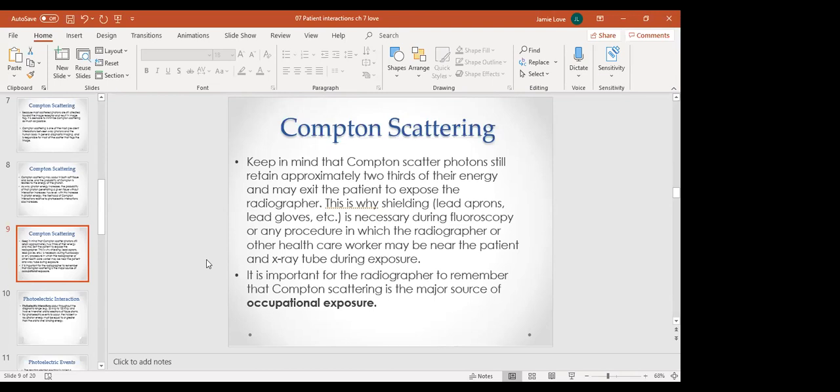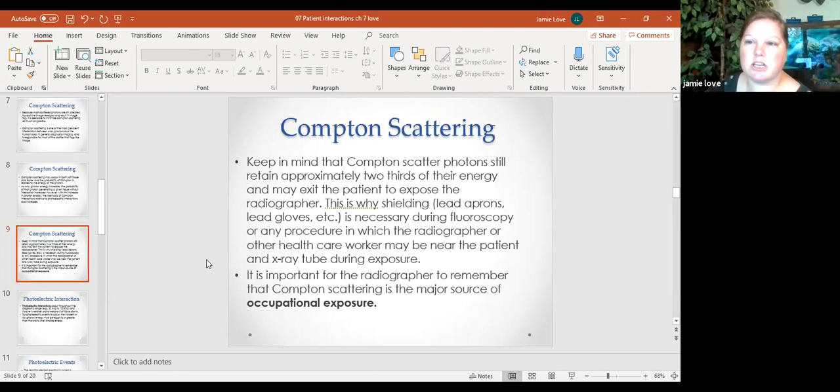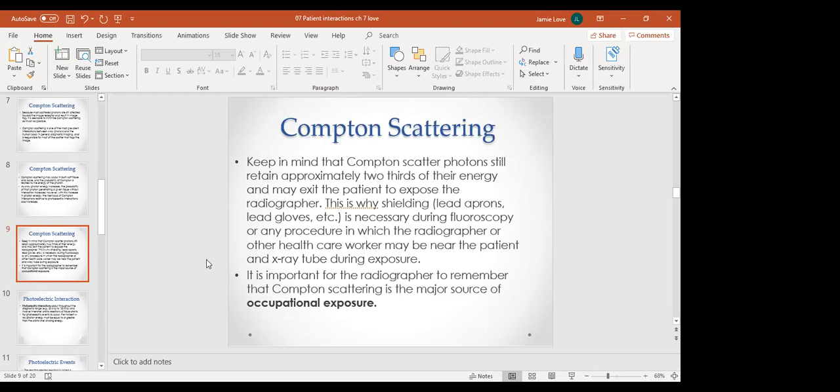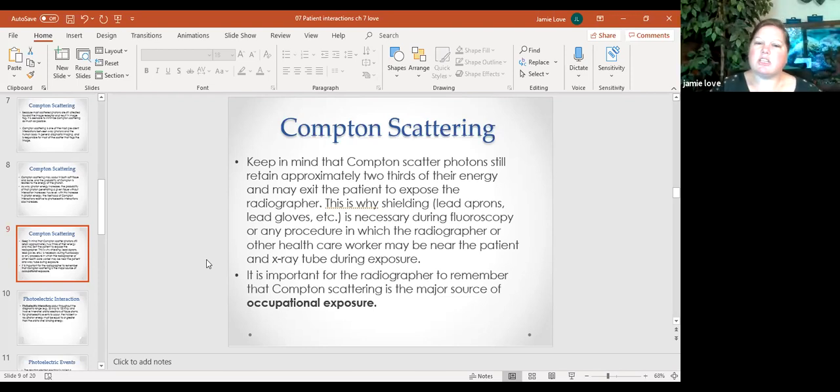Ms. Love, I have a question. You said the probability of the Compton effect goes down when the X-ray energy goes up, or is that vice versa? It goes up. If we increase our energy, we're increasing Compton. I watched a YouTube video last night and I have it pulled up on my computer that says the opposite. It says if you increase your energy, you decrease Compton?